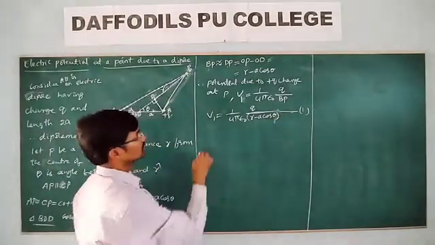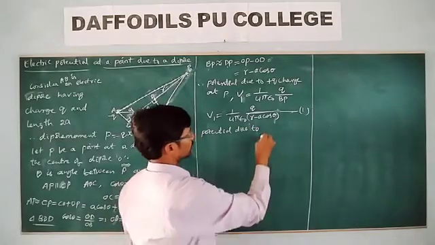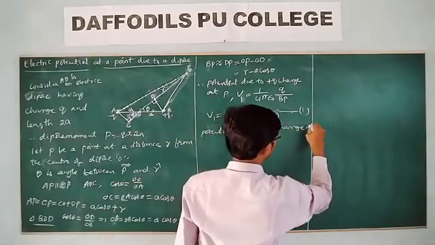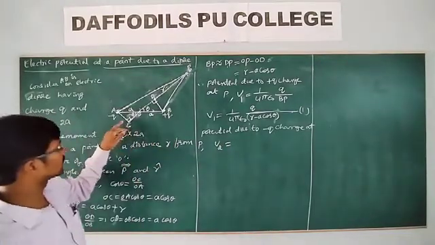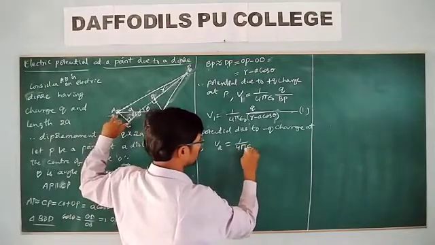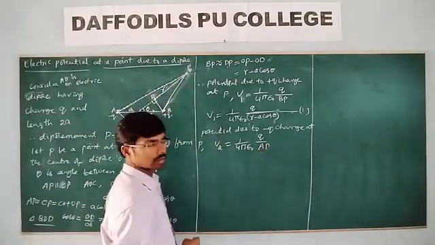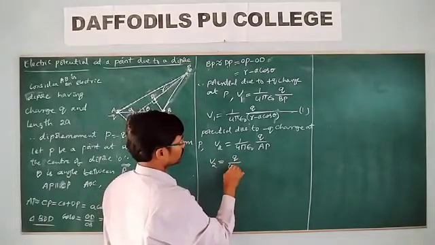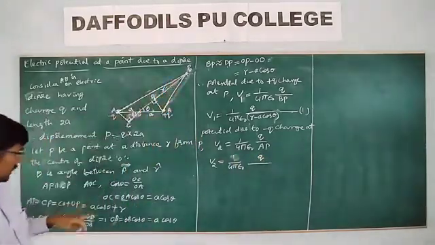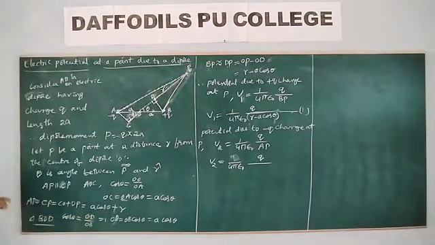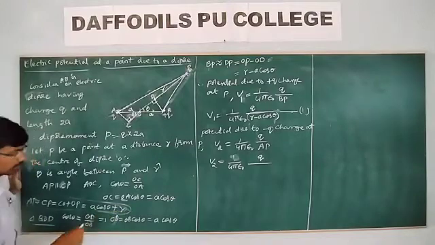Similarly, potential due to minus Q charge at P, which is V2, is equal to 1 by 4 pi epsilon naught Q by AP. AP is nothing but R plus a cos theta.